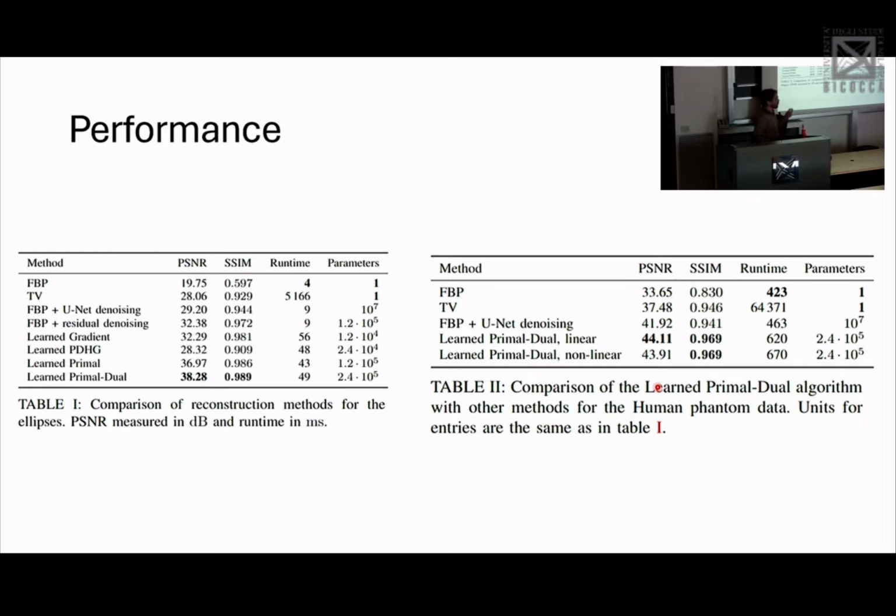If you have an anthropomorphic phantom, which has lots of features as compared to some test images, you can't compress as effectively, so the gain you get is much less, but still you can get from 33 with FBP to 42 with post-processing to 44 with this kind of physics-informed neural network.